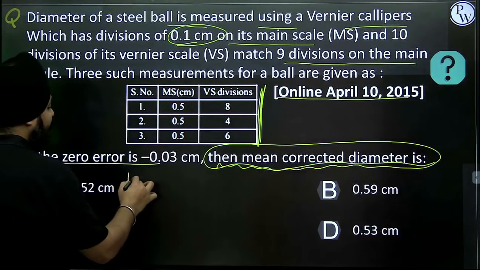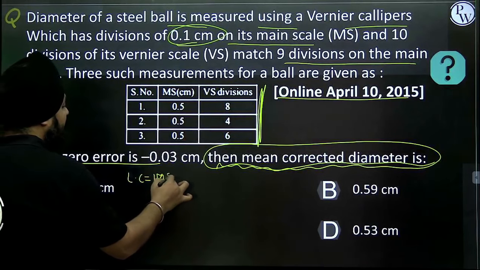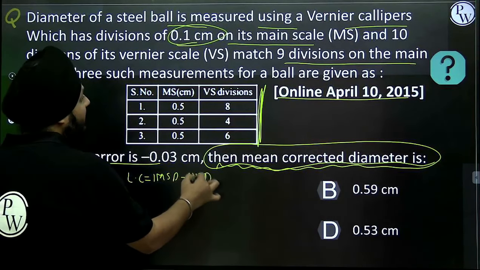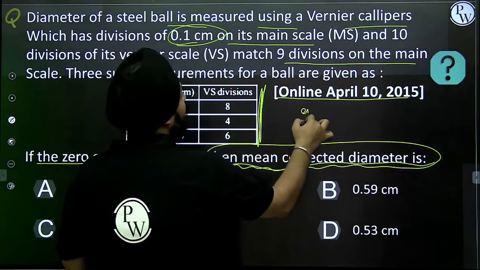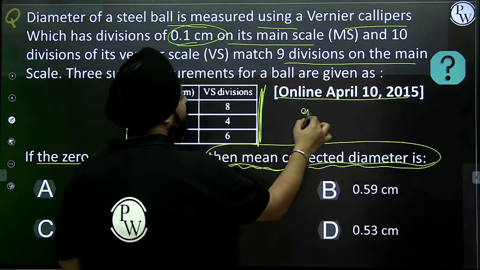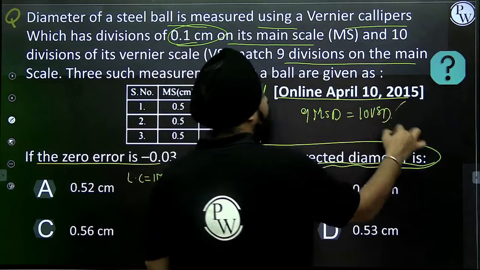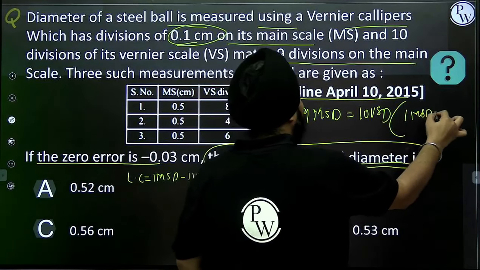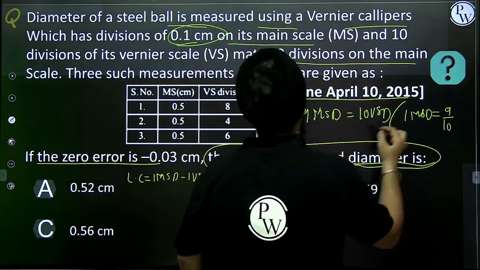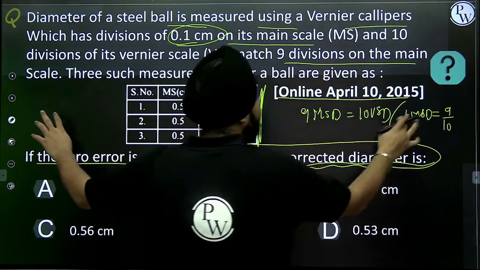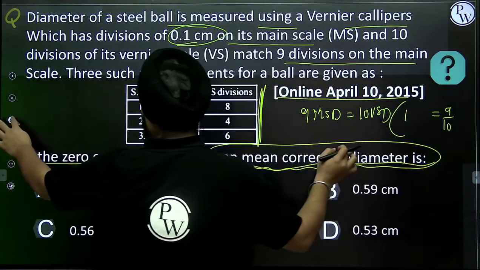First of all, I will calculate the least count, that is 1 MSD minus 1 VSD. Now in this question, it is always given 10 divisions. So 9 MSD coincides with 10 VSD. It means 1 VSD is equivalent to 9 by 10 of MSD.